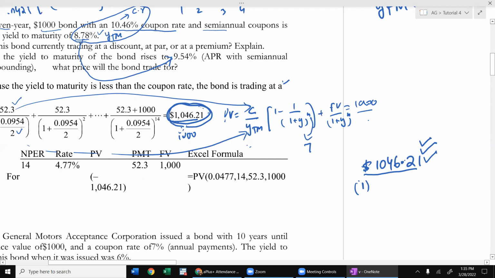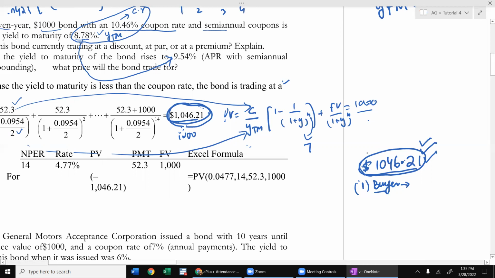Okay, perfect. So now if I ask you, from a buyer perspective, if I want to invest, is it true if I say that this is the maximum price at which I am willing to buy? Is it correct? Yes. I'm not paying a penny more than 1046.21.